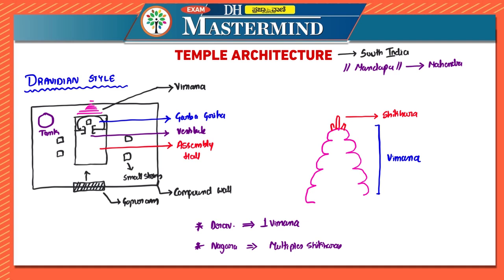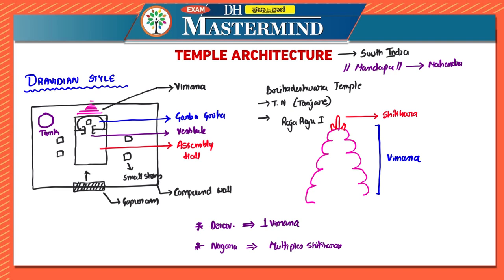An example for Dravidian style is Brihadeshwara temple at Tanjore in Tamil Nadu. This was made by Raja Raja the first.